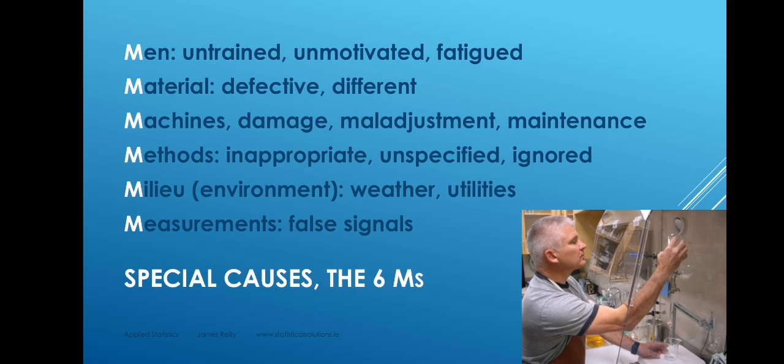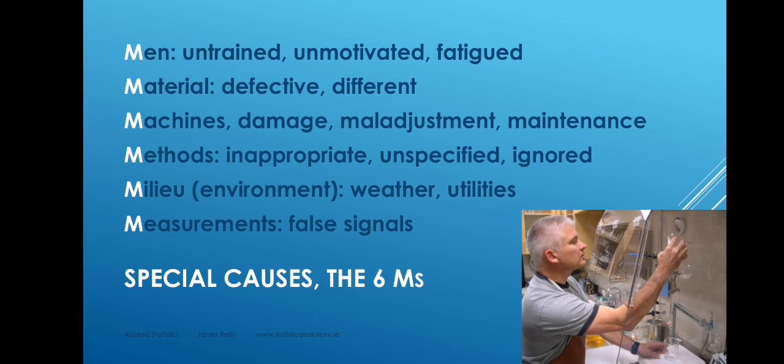The first one is men, by which we mean people, operators, who may be untrained or unmotivated or fatigued, and they are giving rise to a problem in the process. The second is material. The material may be defective, or it may be just different. Perhaps a different batch of material has arrived, and it is causing the process to behave in a different way.